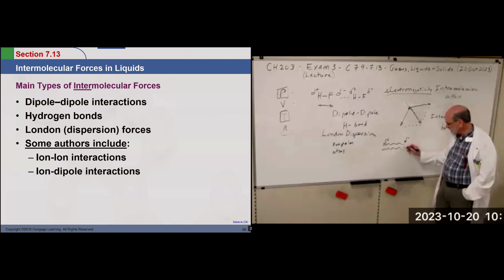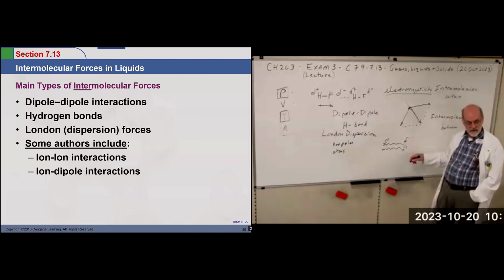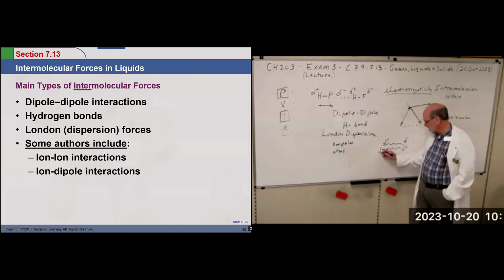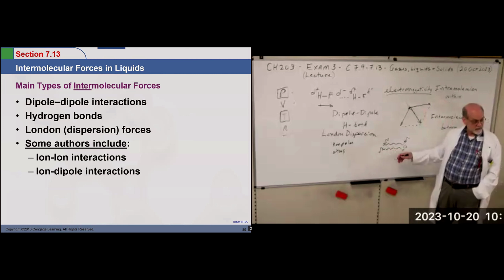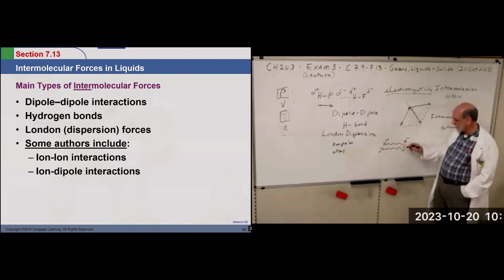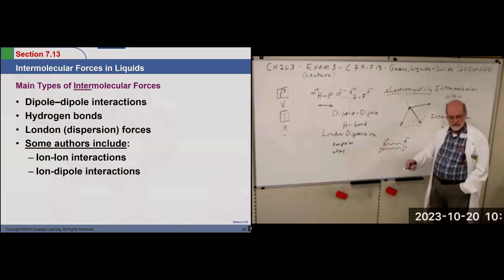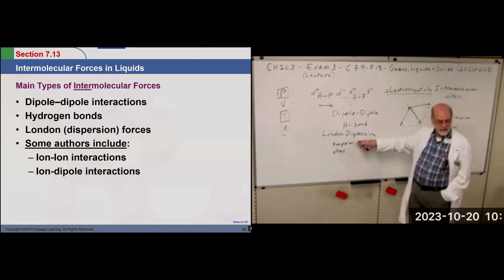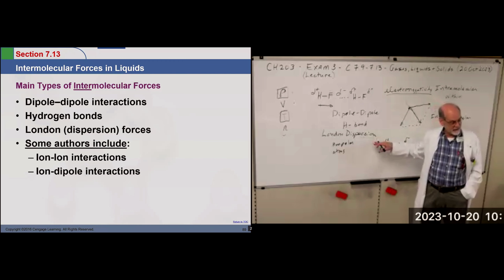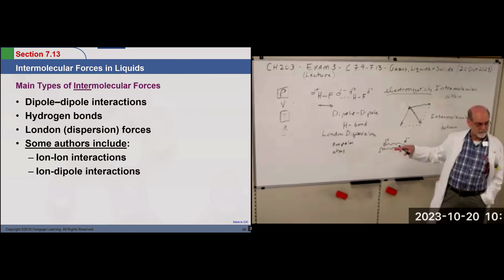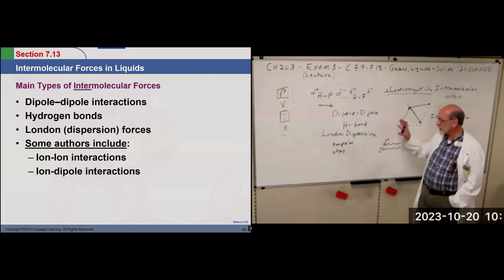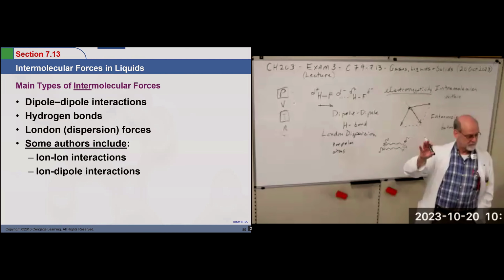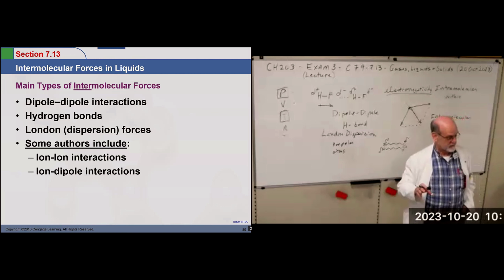So what that does is establish a slight positive charge here by repulsion, and attraction on this side will give the electrons someplace to go. Once you establish that, now you get the forces that are attributed to London dispersion, to dispersion of the electrons. Okay? And this happens very quickly, and then it's gone. But we know it exists.